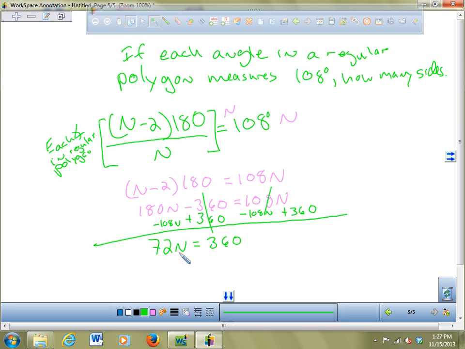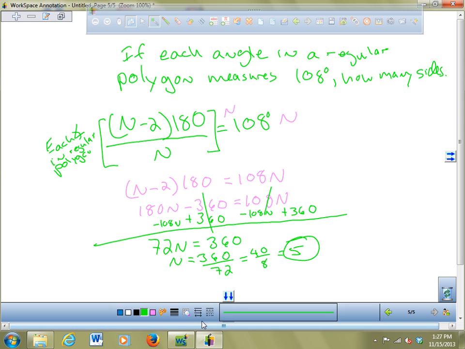What's n got to be? 360 over 72. Don't those both reduce? So much work.